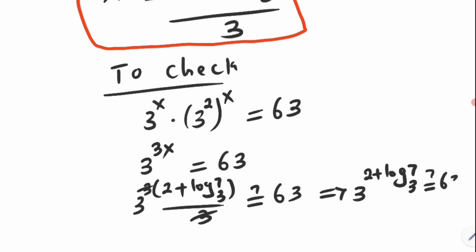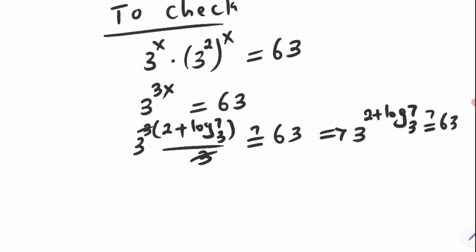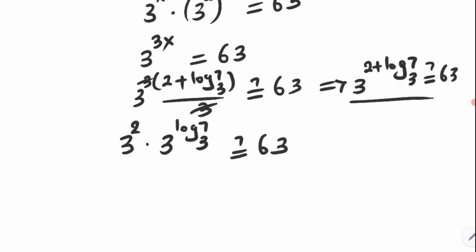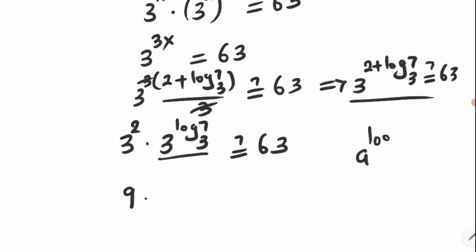This is same thing as 3 raised to power 2 plus log 7 base 3 must be equal to 63. Then here, this can be written as 3 squared multiplied by 3 raised to power log 7 base 3 must be equal to 63. 3 squared, this is 9, multiplied by, if you have a raised to power log b base a, this is equal to b.